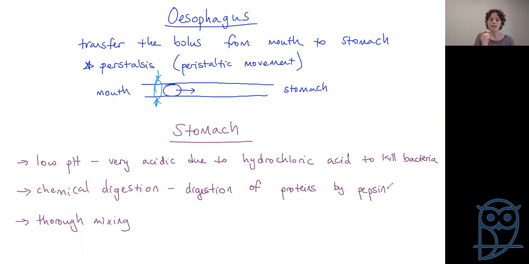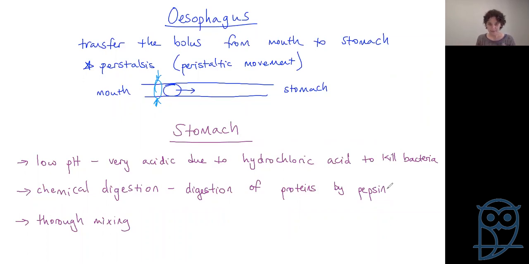And that's why we talk here about digestion of proteins by pepsin. Pepsin is our enzyme. If you cast your mind back to a little bit of revision of enzymes, we said very much that pH is important for enzymes, and enzymes have an optimum pH. So pepsin is one of your wonderful examples because it is specialized to work at a low pH. If pepsin didn't work in an acidic environment, then it wouldn't work in your stomach, and then digestion wouldn't be happening properly. So you can tie in a lot of revision of the earlier work in this course when you're doing this topic. The more links, the better.